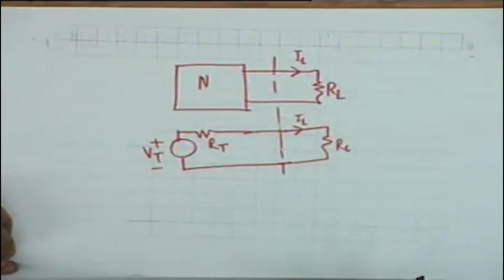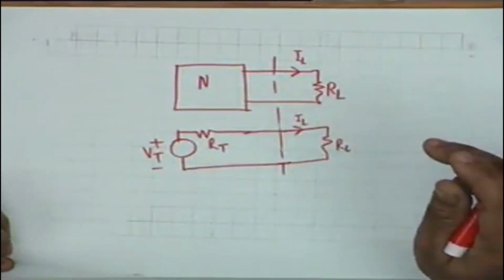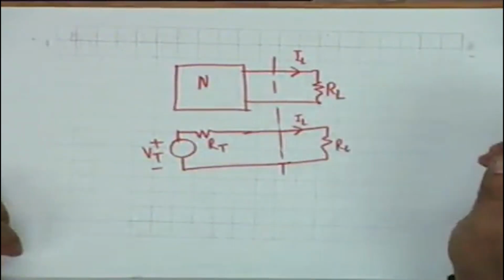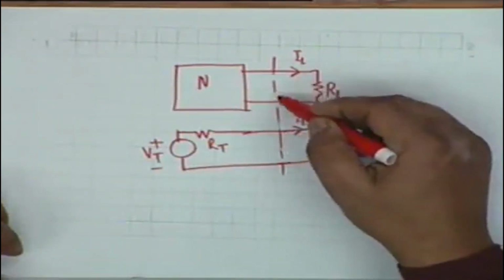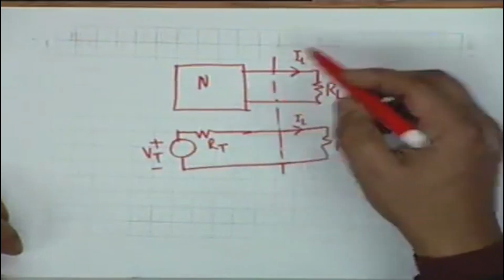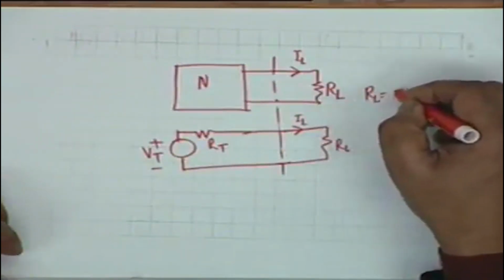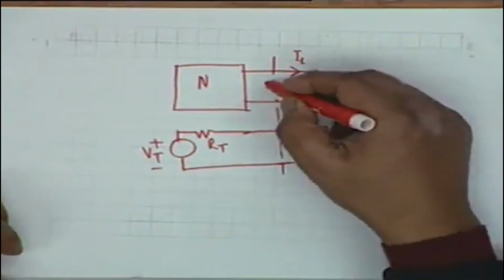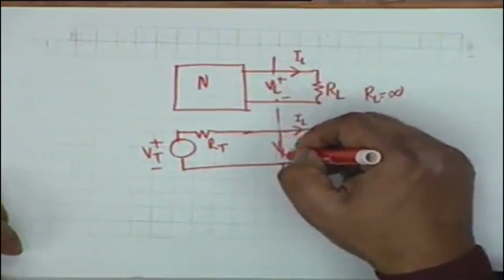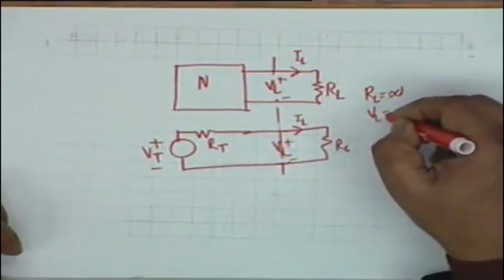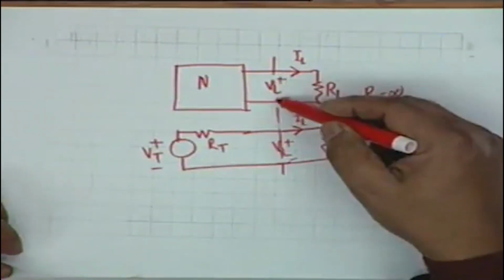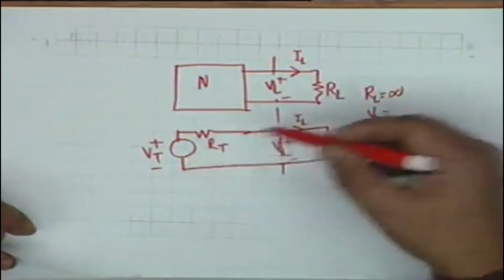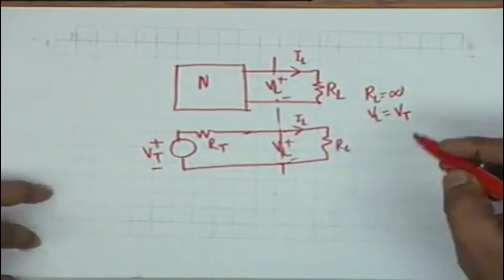All right. Now, if IL is 0, under what condition does that happen? If RL is infinite, that is, if the network is open, then you see the voltage VL would be equal to simply the open circuit voltage, which by definition is VT. So, VL is VT. Okay.